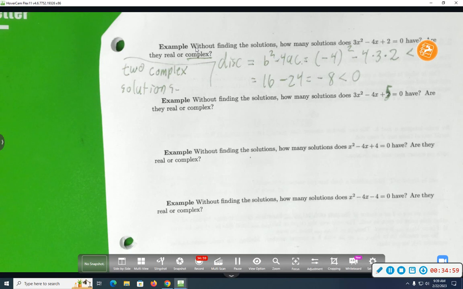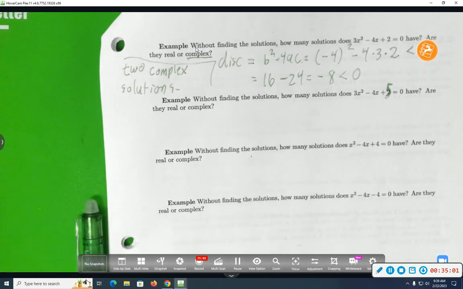I think I'm going to pause for a second. You have folks around you with whom you can work. Yeah, so change the second one to the thing that I changed it to on the screen.